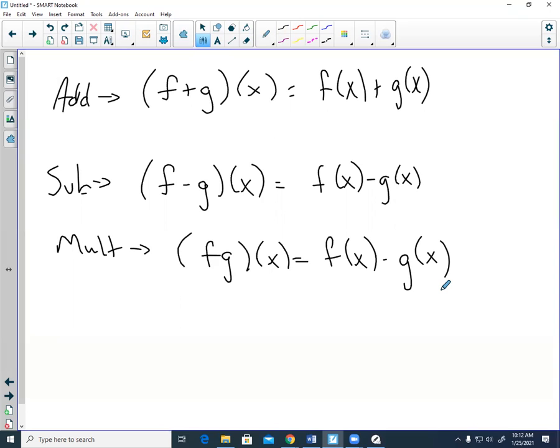But the big thing is they won't typically do dots in here because there is something called a composition of functions that we'll be getting to in a little while. And that composition of functions uses an open circle, which looks like a dot. So they try not to get that confused. Then the last one will be division. And what division looks like is f divided by g of x.